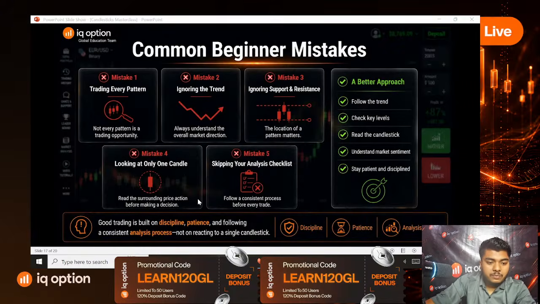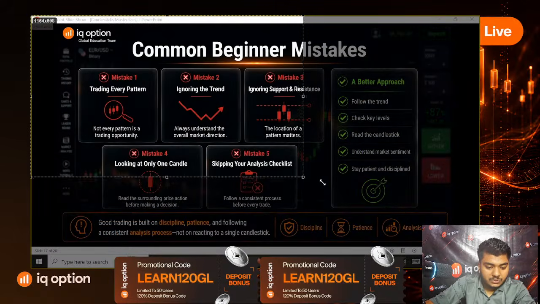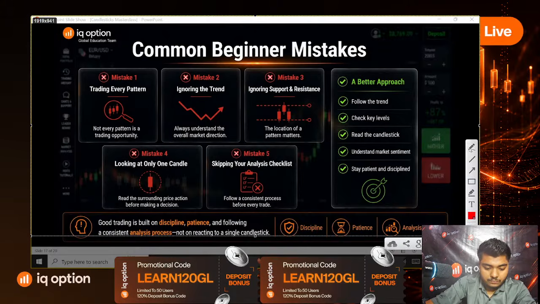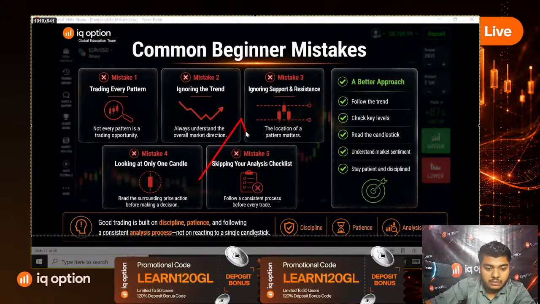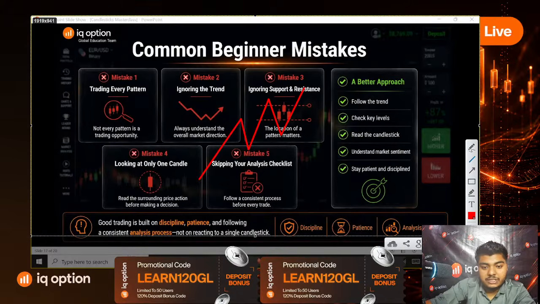Another mistake beginners make is looking at only one candle. What does that actually mean? Some traders make a decision after looking at only one candle instead of looking at the surrounding price action to understand the full story. Suppose the market is moving in the upward direction, and you find a good strong bullish candle, so you simply trade on it.